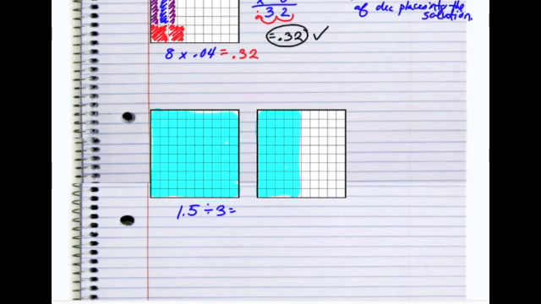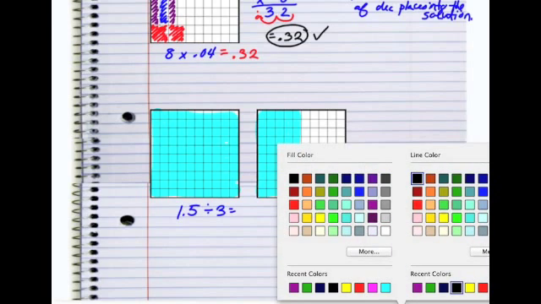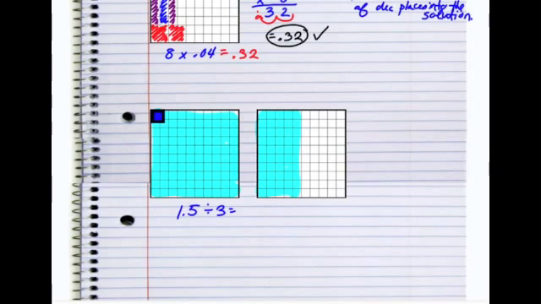Now I need to equally divide my hundreds grids into 3 pieces. I'm going to do that vertically.